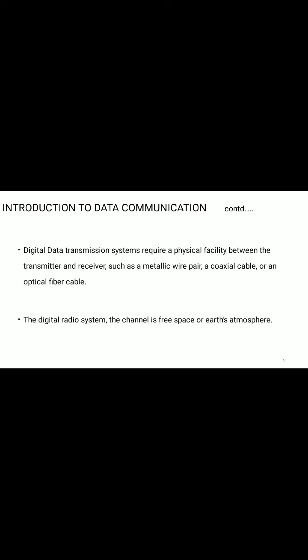Here the channel is free space or the earth's atmosphere. So in data communication, we have two types: wired communication and wireless communication. In wired communication, we use the wire as the channel. In wireless communication, free space is the channel.